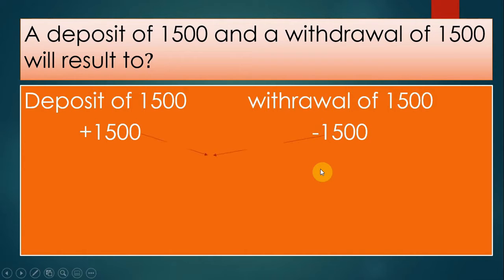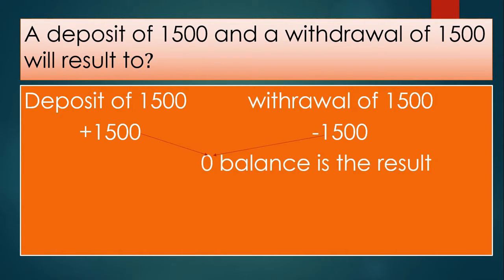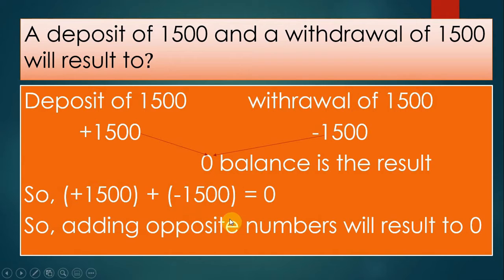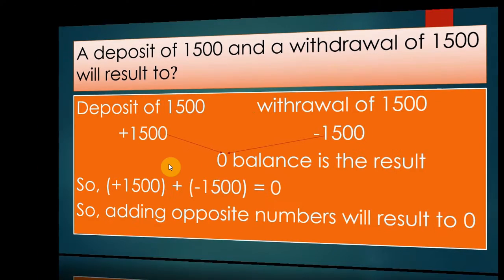These two will result to zero balance still. If you add up, you combine positive 1,500 and negative 1,500, the answer is zero. The two opposites, positive and negative, the answer is zero. So adding opposite numbers will result to zero.